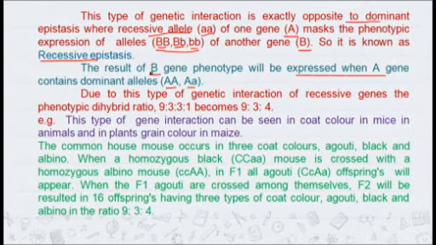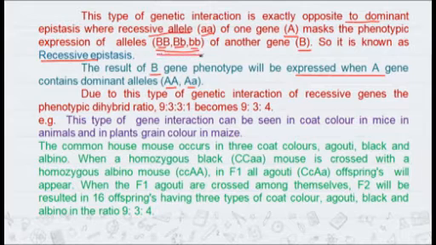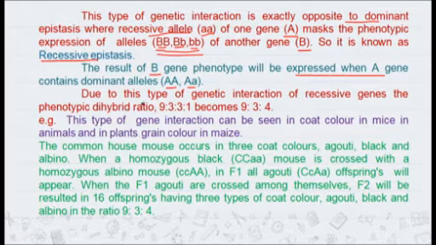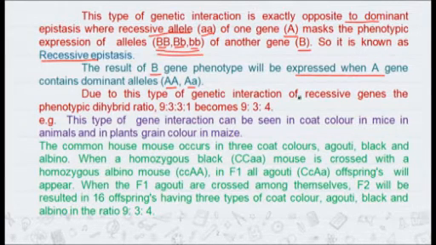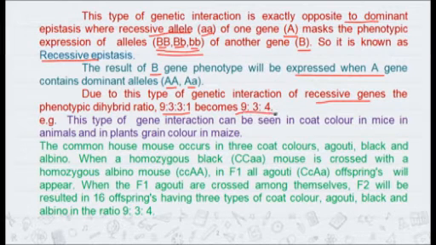So when an offspring contains two genes and one gene contains both recessive alleles, that gene will mask the expression of the alleles of the other gene. This is known as recessive epistasis. Due to this type of genetic interaction, the phenotypic dihybrid ratio 9:3:3:1 becomes 9:3:4.